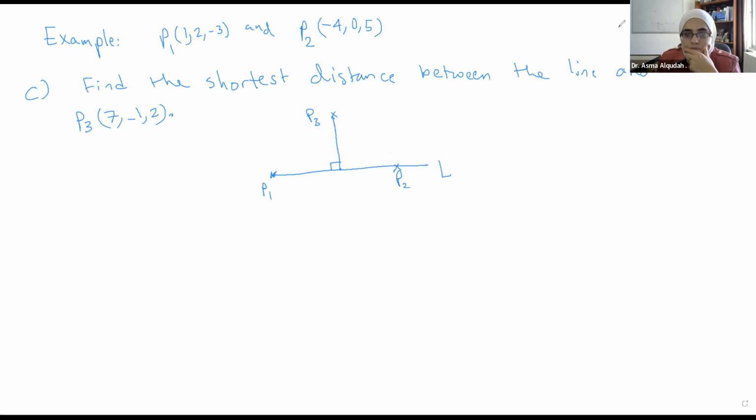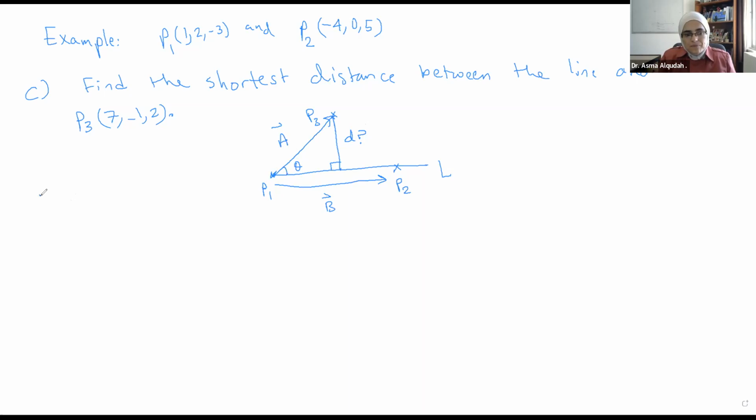We form 2 vectors. The first vector is this one, we call it B, and this other one we call A. So this is D, the distance we need to find. And this is theta, the angle between the 2 vectors.